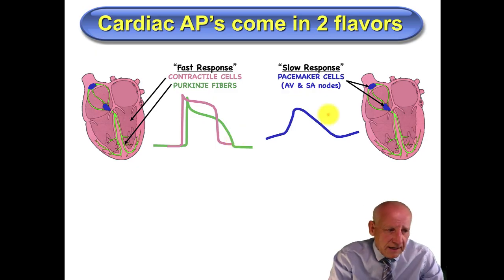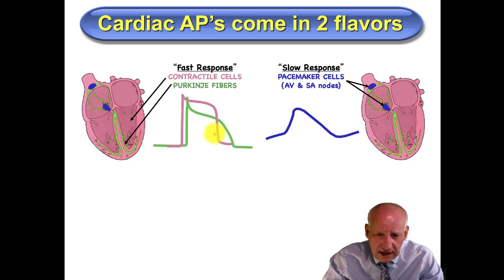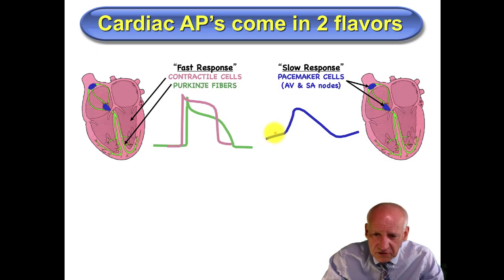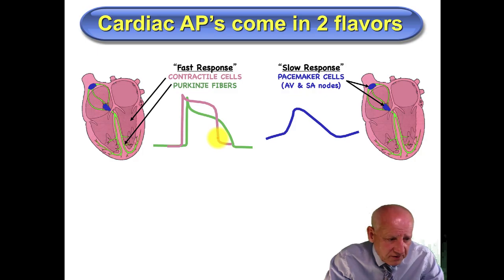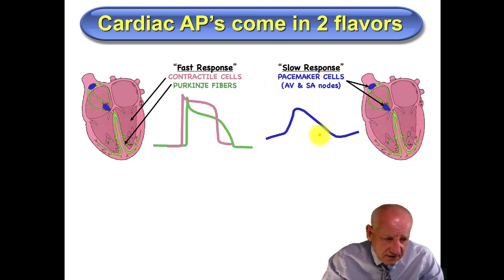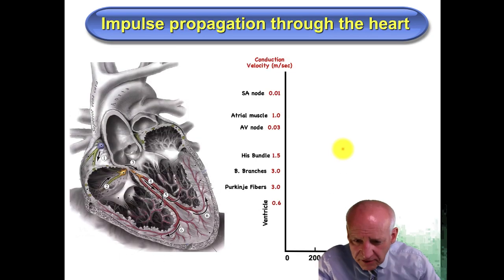Now, looking at the differences in the action potential waveform, you might be able to predict why nodal cells function as pacemakers. As we just mentioned, their resting potential never really rests. There is a depolarizing drift until the action potential is triggered. And you might be able to predict why the nodal cells conduct impulses very slowly. So this is a very informative plot.